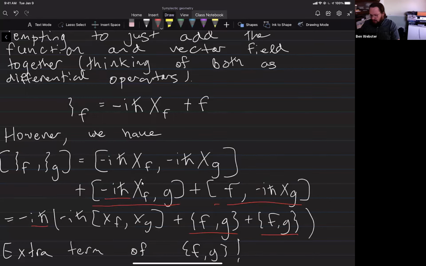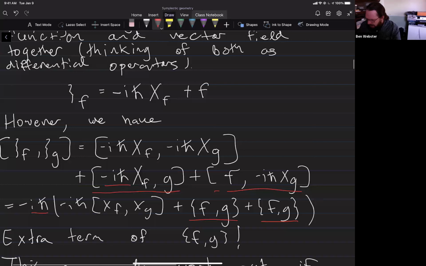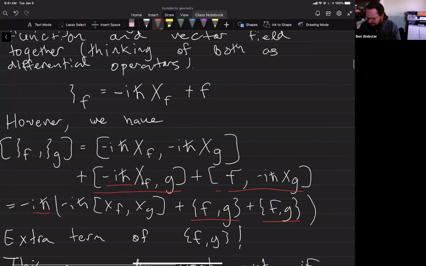And then I have this term where I've taken the commutator of X_f and X_g, and I'm not going to simplify that yet. But if you're thinking about the calculations we did with Hamiltonian vector fields, you should think, aha, that's the Hamiltonian vector field of the Poisson bracket. But if that were true, then our calculation wouldn't work out.